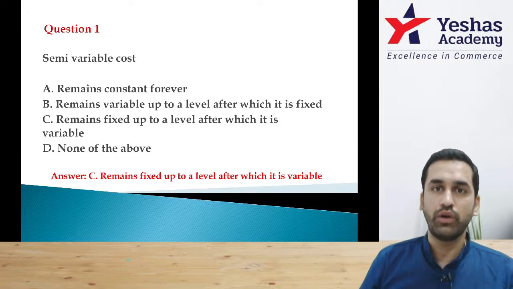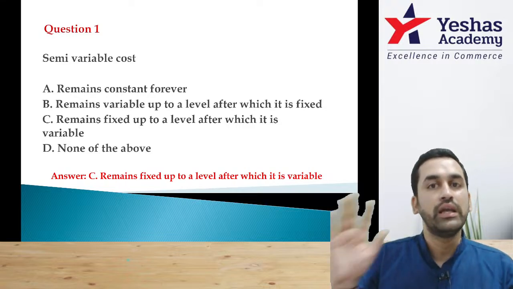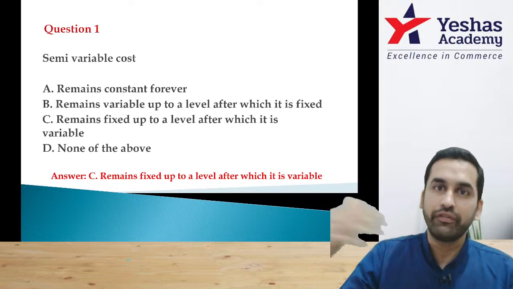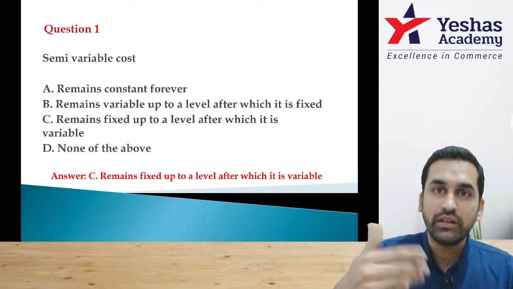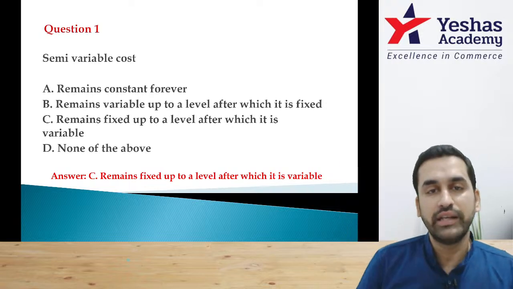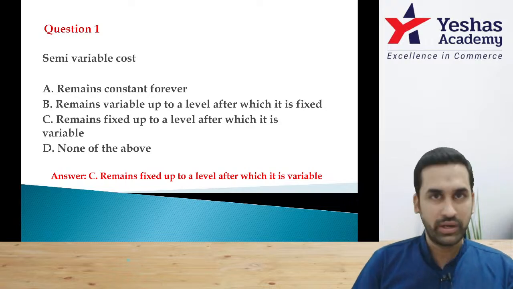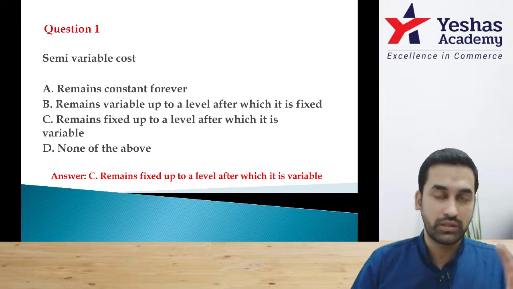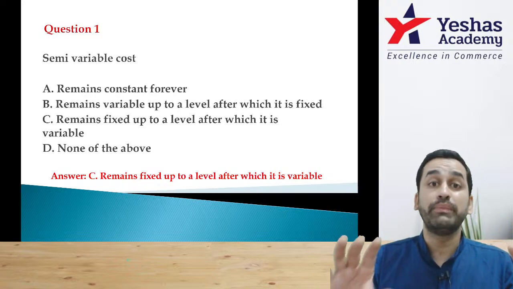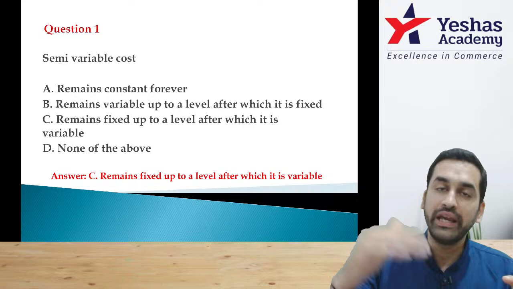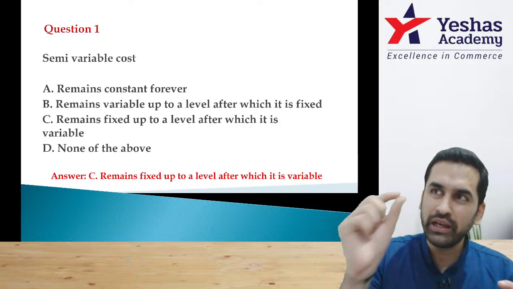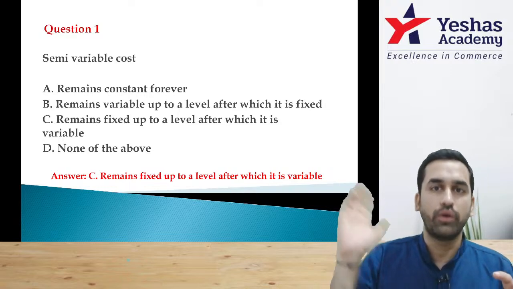Whereas in semi-variable cost, it can be 0 to 50, same cost, and from 51, 52, 53, 54 up to forever, the cost keeps increasing. That's the nature of semi-variable cost. So what is the simple difference? I quickly repeat. In semi-variable cost, up to a level, cost remains fixed, after which it keeps increasing; for every extra unit there is an additional cost.